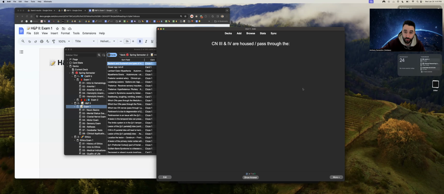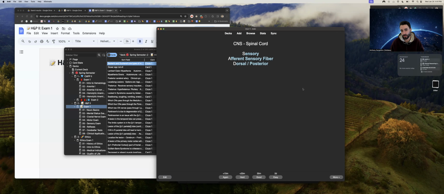All right, cranial nerve 3 and 4 pass through the... I don't want to make a guess because I'm not sure. All right, so it's midbrain. So 3 and 4 pass through the midbrain. Okay. The CNS spinal cord, SAD. I don't know what I'm getting at here. Sensory. Okay, so this is the mnemonic.